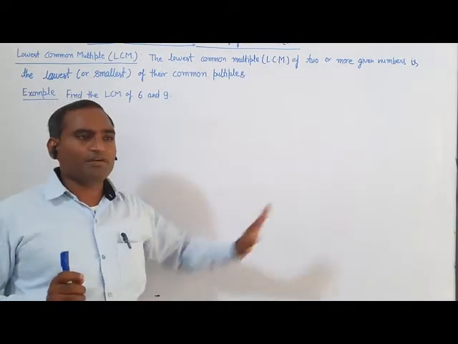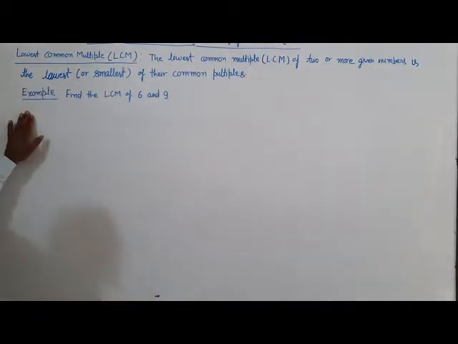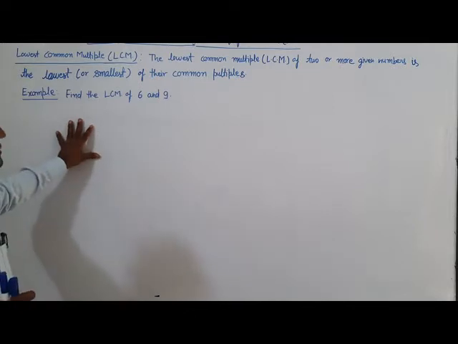First of all, we have to find the multiples of the given numbers. First of all, what we do is find the multiples of the given numbers, and the multiple that is common, the lowest, the smallest common multiple, is called the LCM. In this way you can find the LCM of the given numbers. With the help of one example, we can see how to find the LCM.